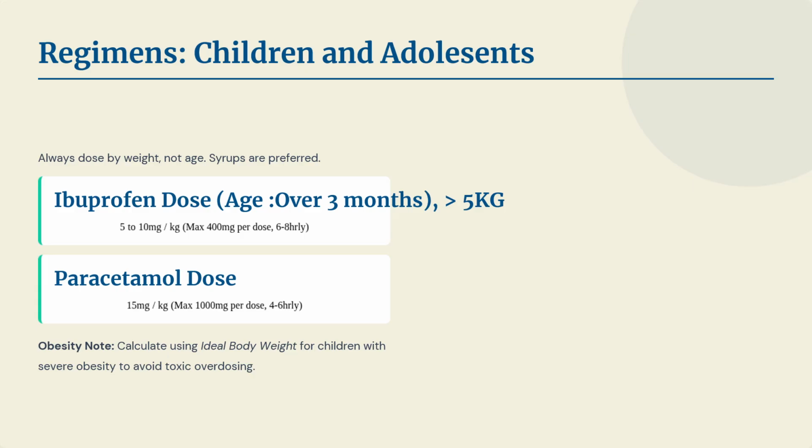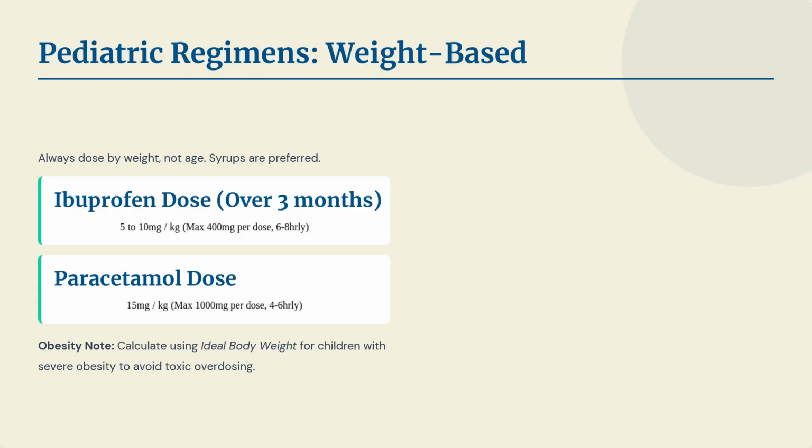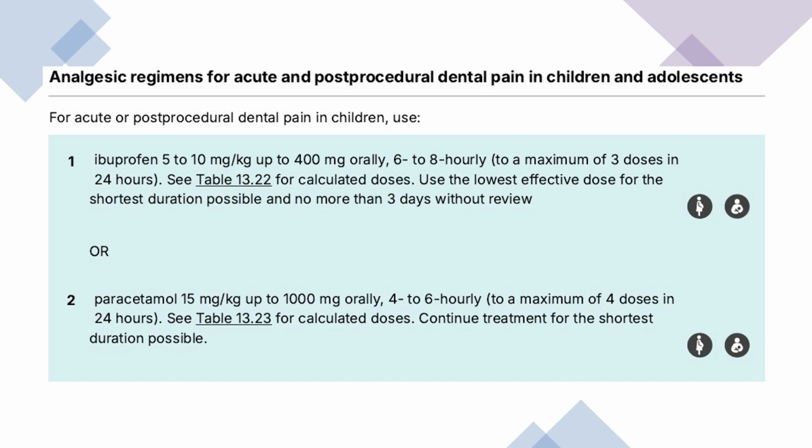If you see a kid who is obese, you have to calculate the dosage based on their ideal body weight for that age. So basically, that's what I told you guys. This is a screenshot from the therapeutic guidelines for your reference.